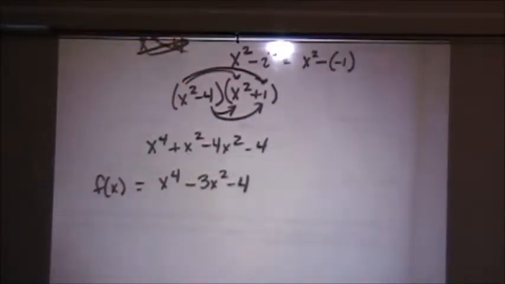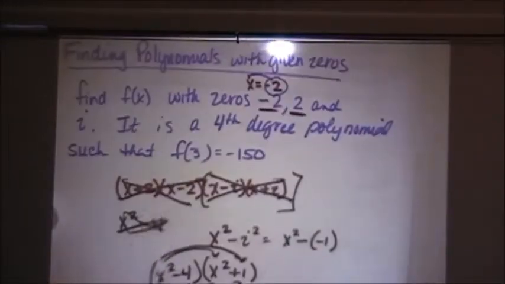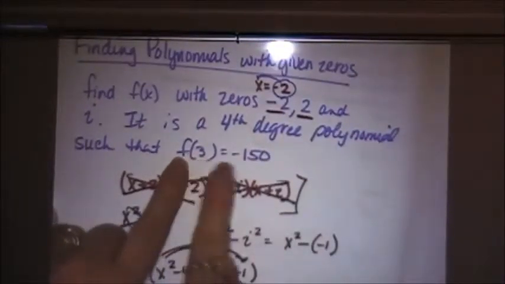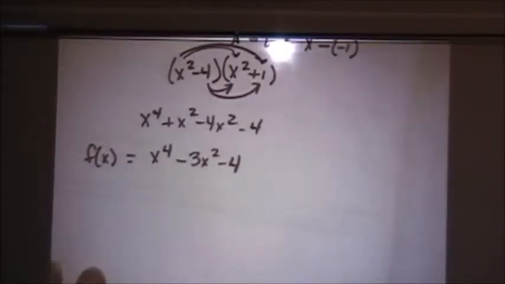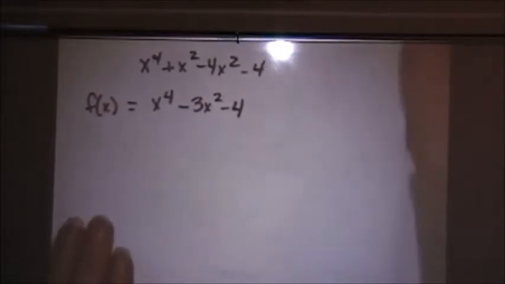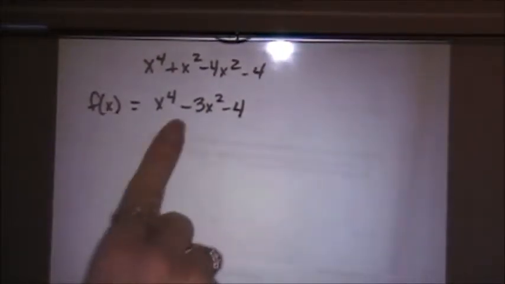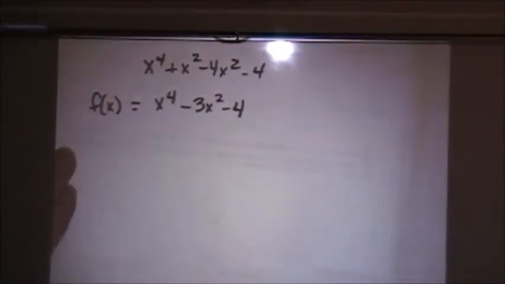But this is not a general f of x, because they gave me this little tag up here. f of 3 equals -150. So I know what a specific polynomial this should be. I have to set this up so that it equals -150. So here's how you do that.